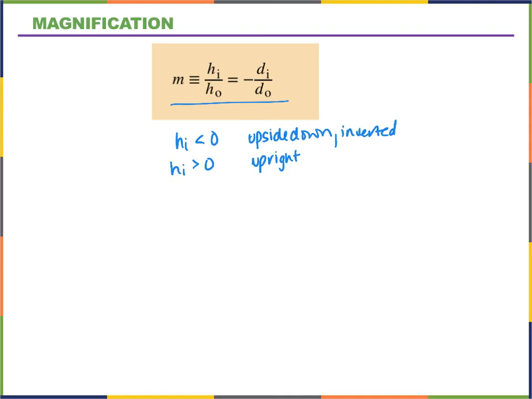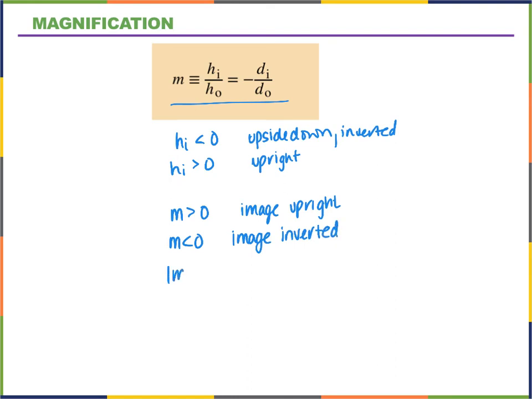Once again, if the magnification is greater than 0, your image is upright. If m is less than 0, your image is inverted.